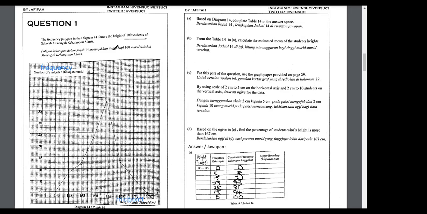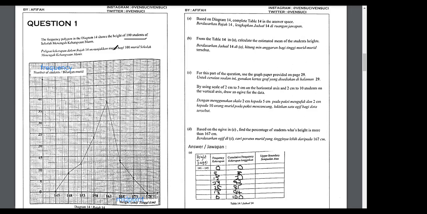The upper boundary is from the upper class. For example, you see 141 and 145. So the upper boundary of the class is between the end of the first class and the start of the second class. So for example, the end of the first class is 145. The start of the second class is 146.